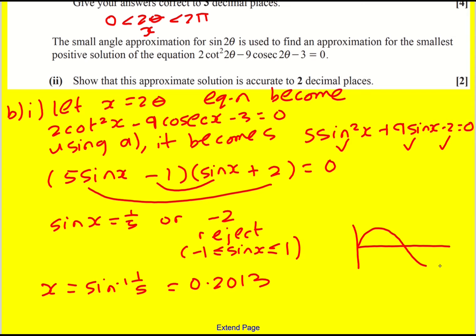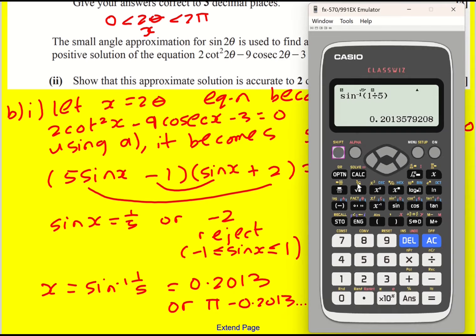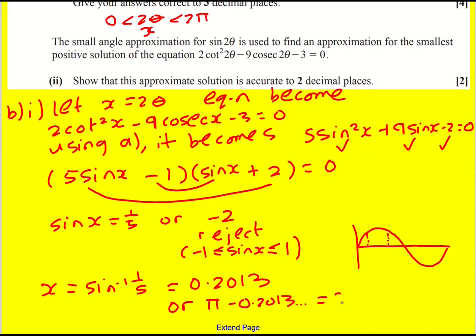If you're using the graphs, you see that actually that's not the only solution. There's this one here, pi minus that answer. That gives us 2.9402.